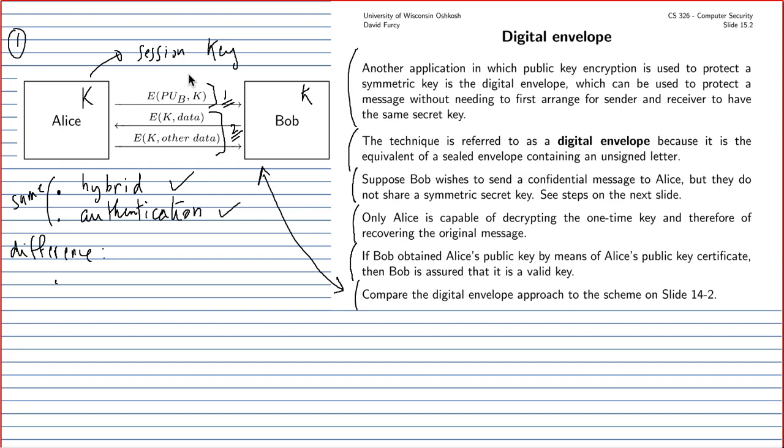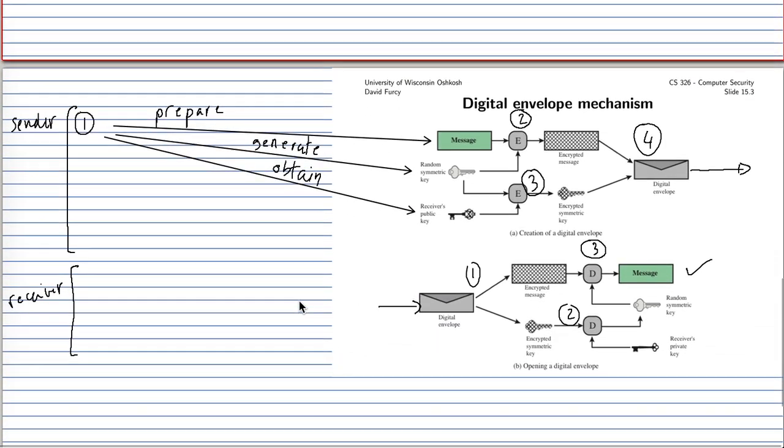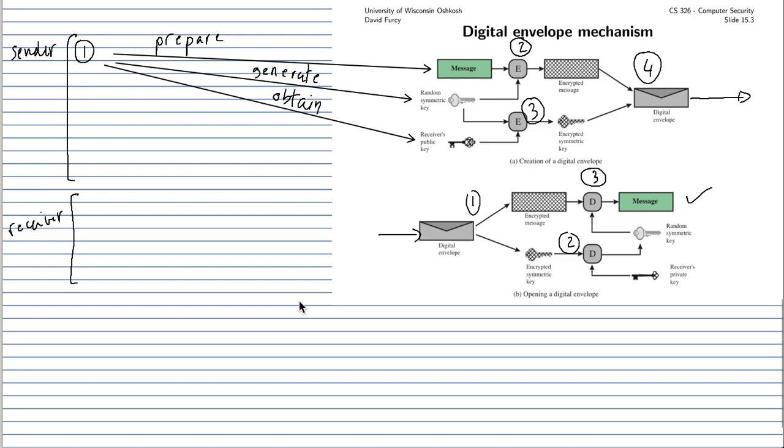So the main difference here is that in the digital envelope, we do not have a session key. What we have instead is something we could call maybe a one-shot or one-use key. What I mean by that is in the case of the digital envelope, we did not use this mechanism of first sharing a key and then using it later on for a bunch of messages within a session.